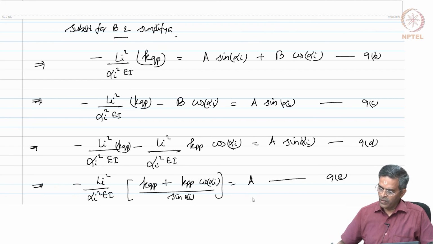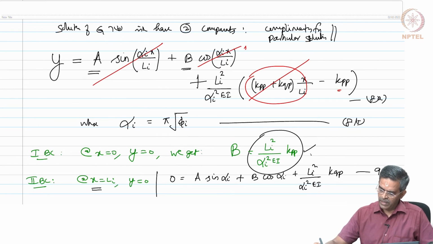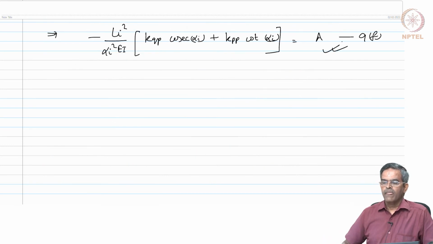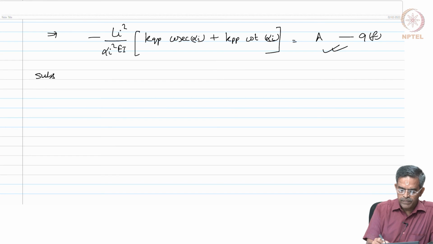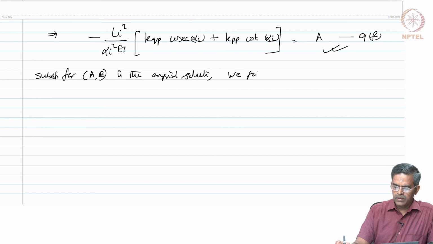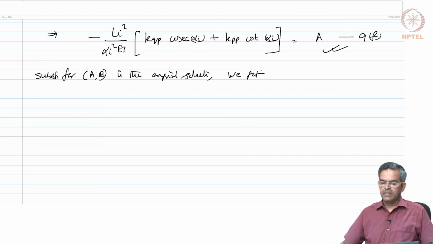So, I have the value for A, I have the value for B also. See, B is available here, A is available here. So, substituting for A and B in the original solution, what do we get? Please check that.